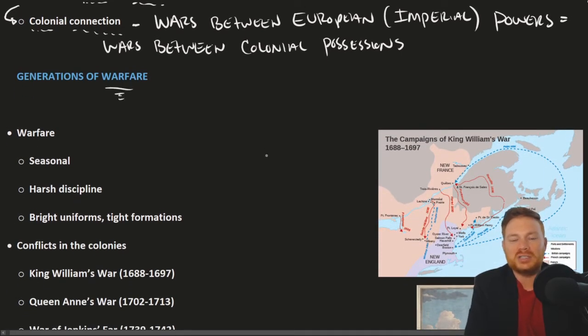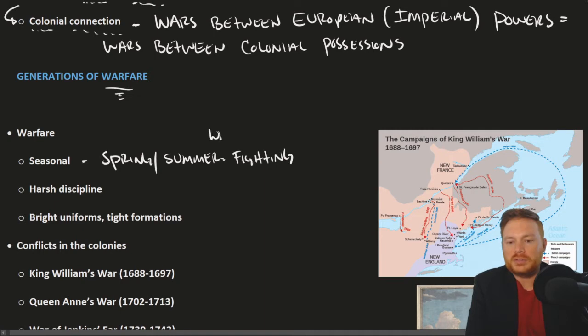Very briefly, the text talks a little bit about some of the ways in which warfare was conducted in the late 1600s and really throughout the 1700s. Warfare was seasonal. That means for the most time when it was either spring or summer, that's when most of the fighting took place.